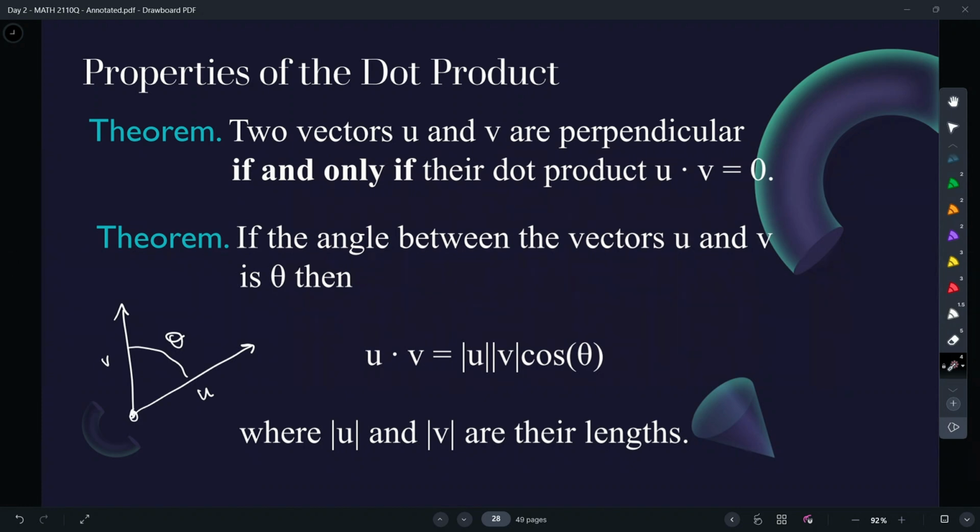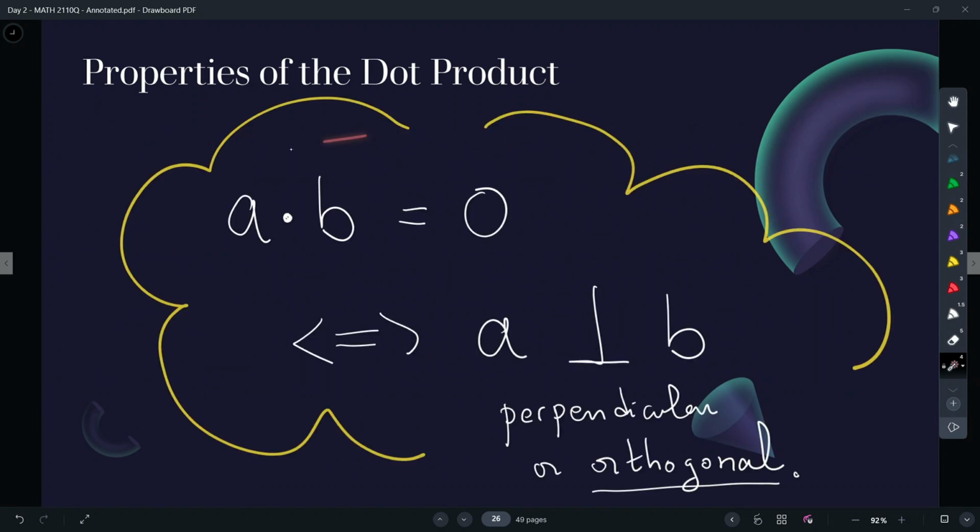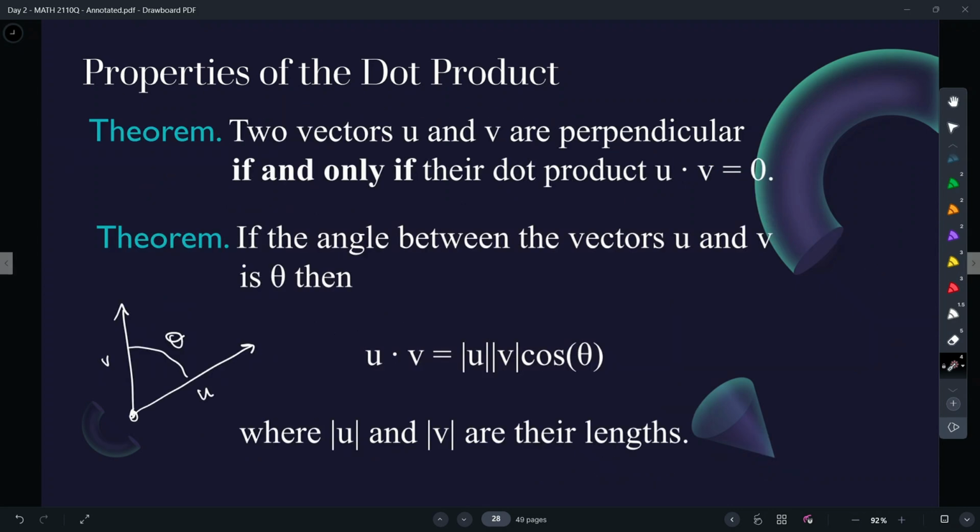This fact comes from what's called the law of cosines in trigonometry. So one can figure out that the angle and the dot product are related, where again, these bars indicate the length of the vectors.